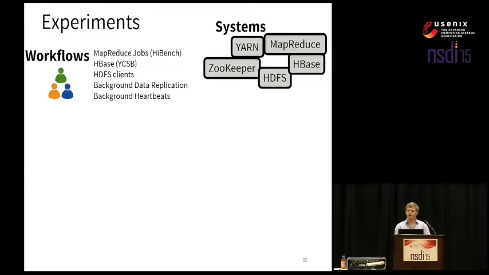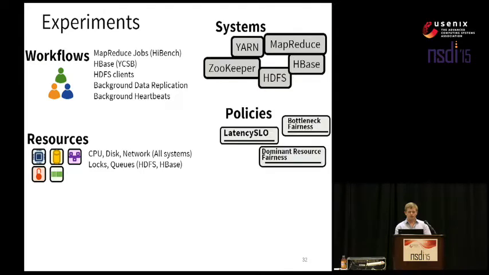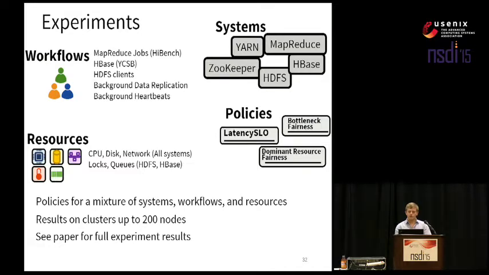We managed CPU, disk, and network at the system level, and application-level locks and queues within HDFS and HBase. As mentioned, we implemented 3 different resource management policies. In the paper, we present various experiments with results on clusters up to 200 nodes. In this talk, I'll demonstrate the results for the latency SLO policy with workflows specifically in HDFS and HBase.